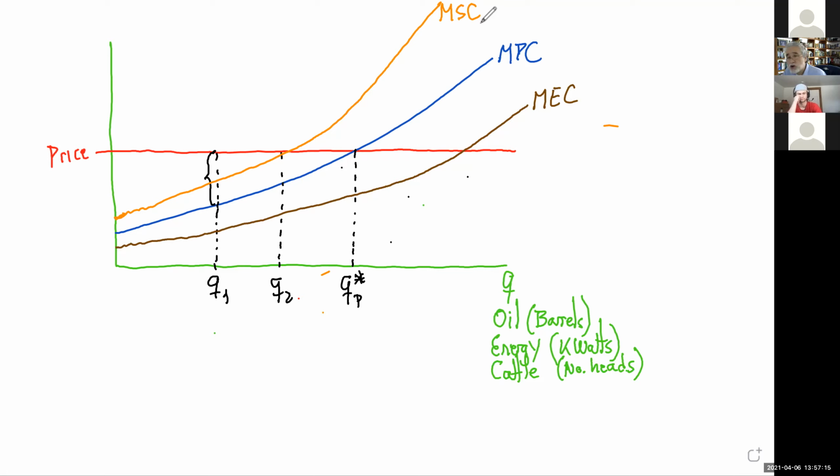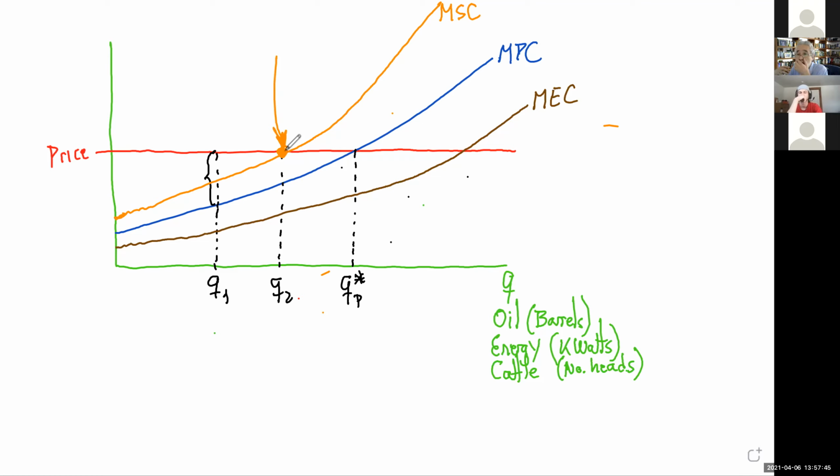Because at Q asterisk, society is assuming too large a social cost because of the pollution and the externalities created by this. In this case, society would be better off at the point in which price is equal to marginal social cost. And now I have completed the entire graph and the entire framework.